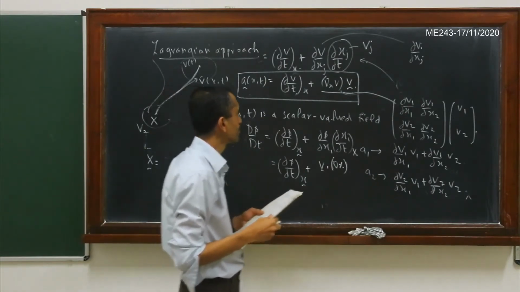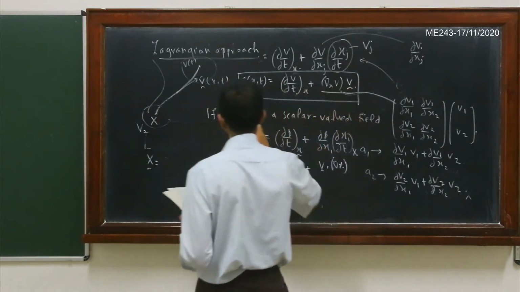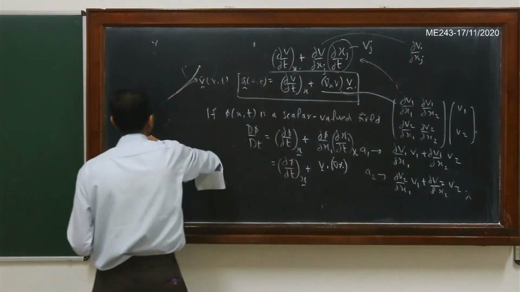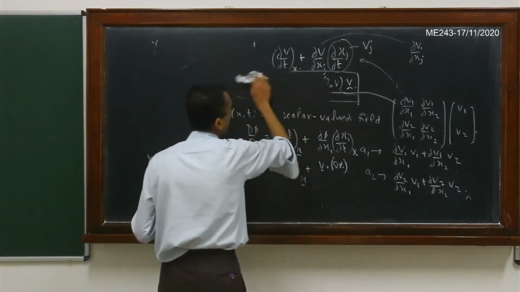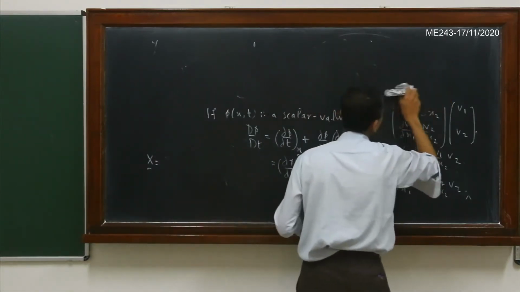Fine. Then, if I consider x as a spatial field, then the material derivative of x itself can be said to be the velocity itself.